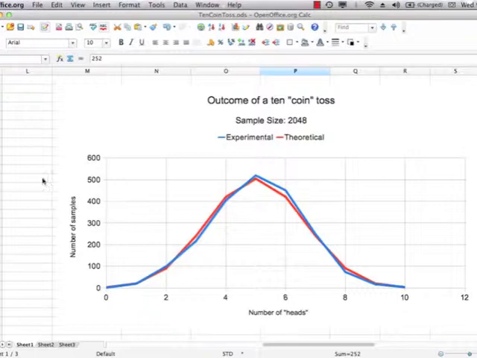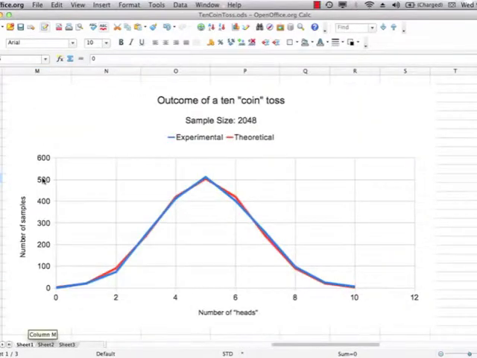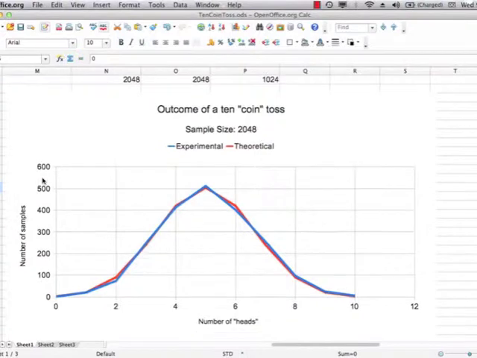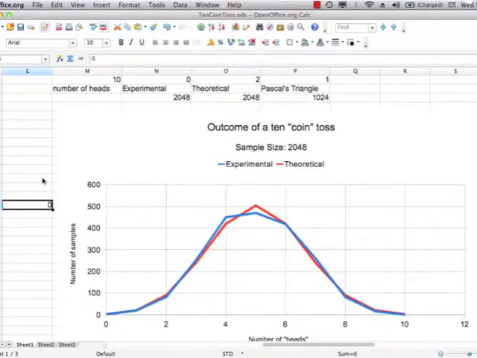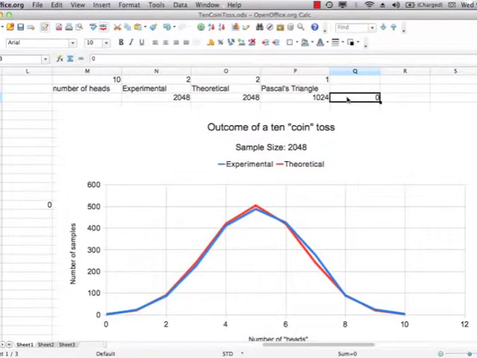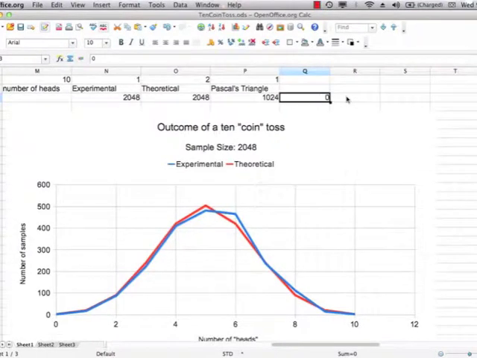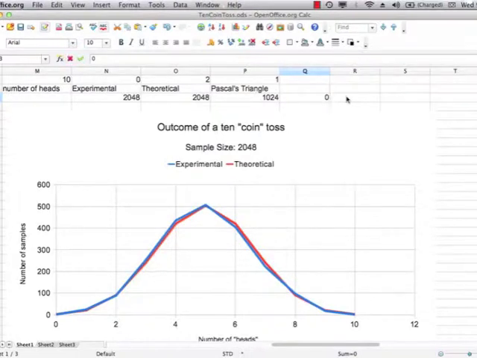All I've got to do is put a dummy cell in here, and it's going to recalculate everything. Every time I hit enter, it's kind of jumping around in a way that I don't want it to. Let's try it up here. Every time I hit enter, the experimental distribution changes, but the theoretical distribution stays the same.